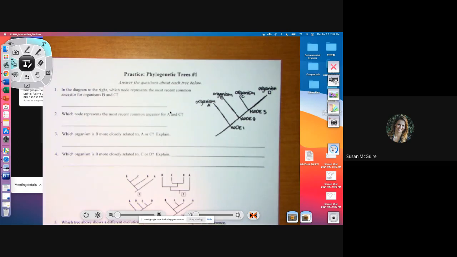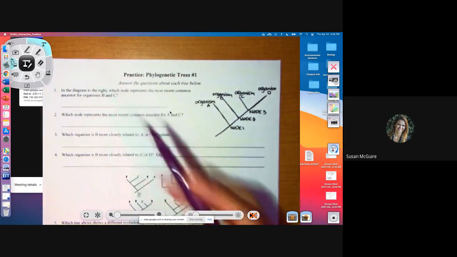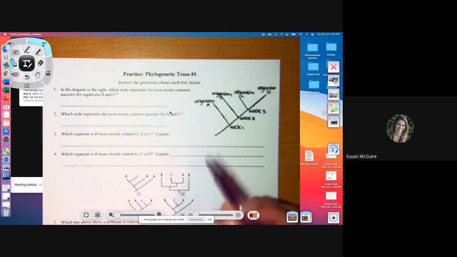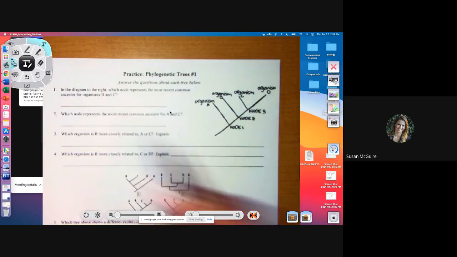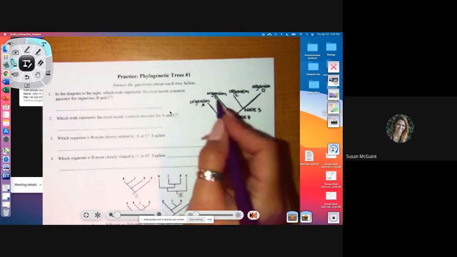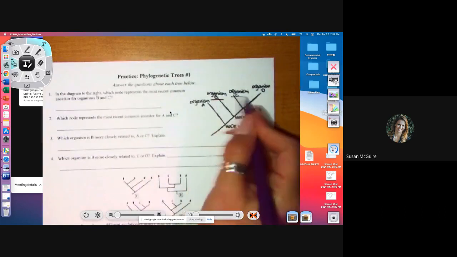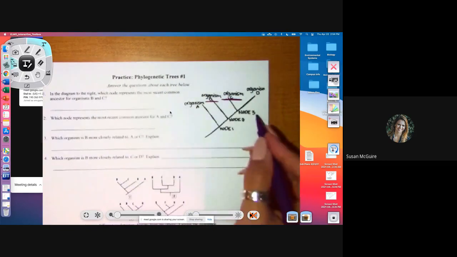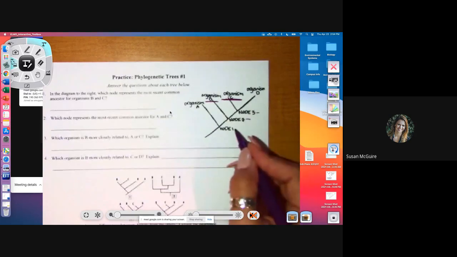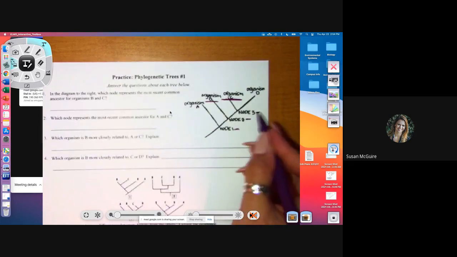We'll get over it. It says in the diagram to the right, which node represents the most recent common ancestor for organism B and organism C? Out of these nodes, which one would be the most recent common ancestor for both of these?